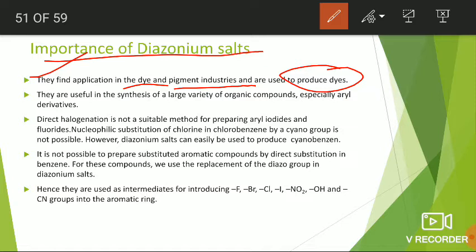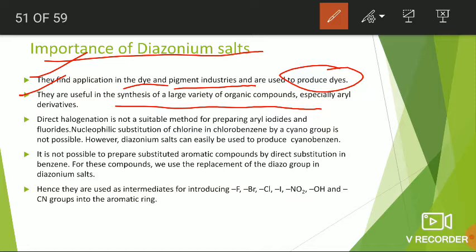A dye means a colored pigment or colored compound which can be obtained on treatment of a diazonium salt with some other aromatic compounds, which we get through the coupling reaction, as we discussed in our part 4 video. The other application is that diazonium salts are very useful to synthesize a large variety of organic compounds.